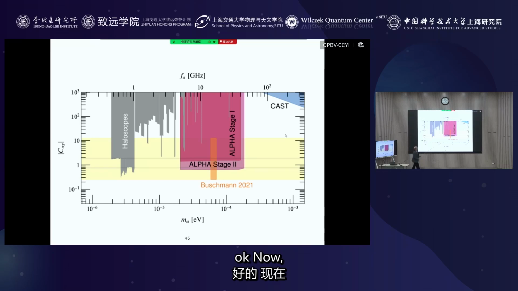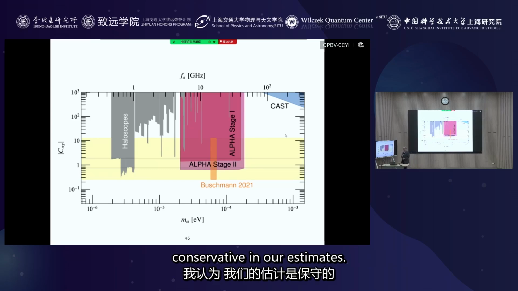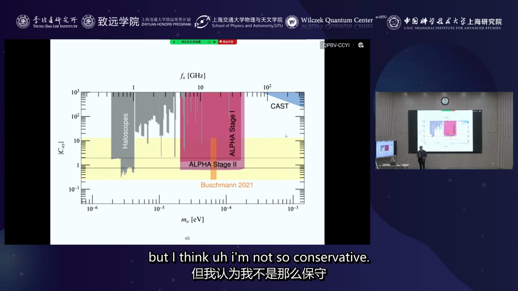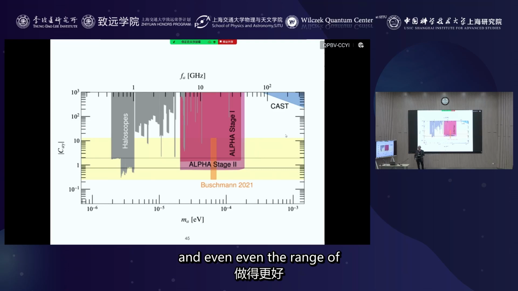Okay. Now, because we wanted to get this funded, we were, I think, conservative in our estimates, and this is what we've sort of promised to deliver, but I think I'm not so conservative. I think we can do better, both in terms of sensitivity and even the range of masses.